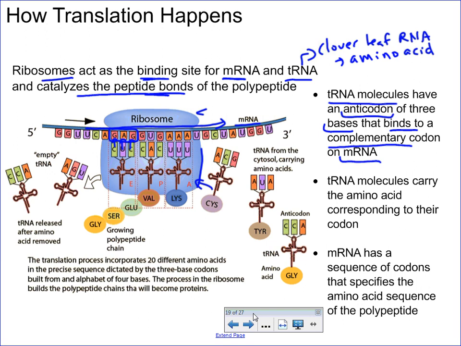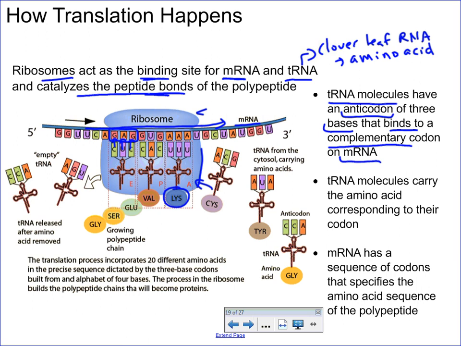So the tRNA carries an anticodon sequence that is complementary to that codon sequence on mRNA. And then the tRNA is going to be carrying an amino acid attached to it.